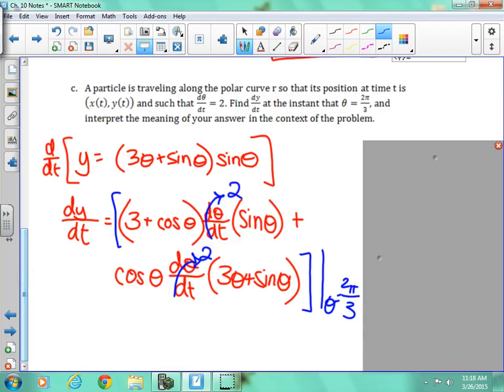Wait, wasn't this a calculator problem? So what can we do? Plug it in. As long as we're in radian mode, we will be good to go, and I am.